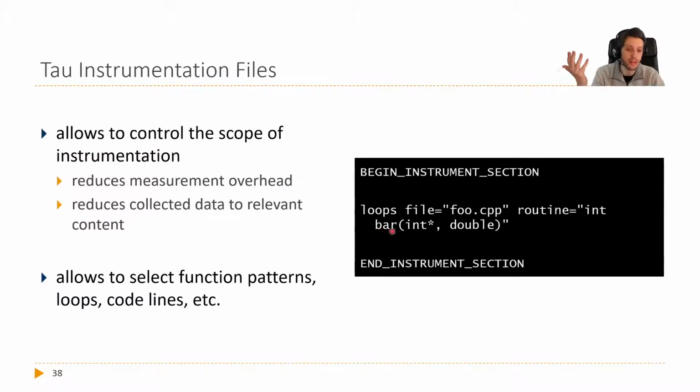And you can also use wildcards here, for example. The wildcard is the hash or octothorpe. So I could say all the functions that start with bar, for example, and only loops inside, or only loops with a certain nesting level, and so on.